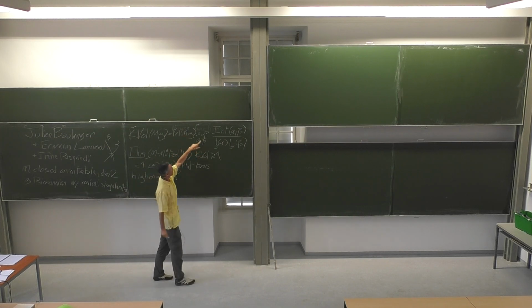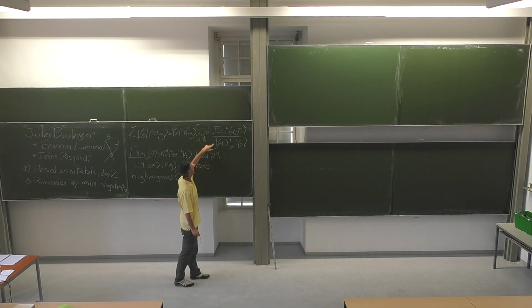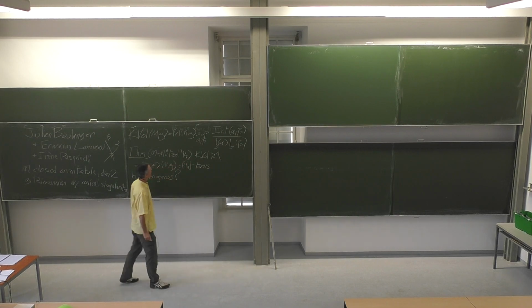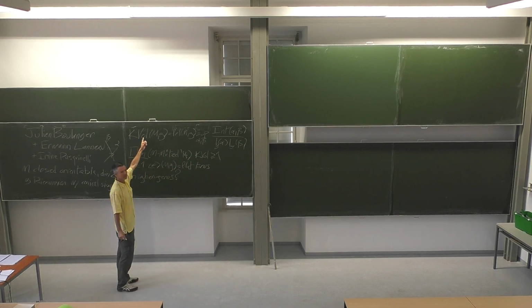Here, I'm taking a supremum, so it's easy to make this go to infinity by pinching some curve. If the length of alpha goes to 0, this goes to infinity. So it's not hard to make this big. What is hard is to make it small. The interesting surfaces should be the ones for which this is small.